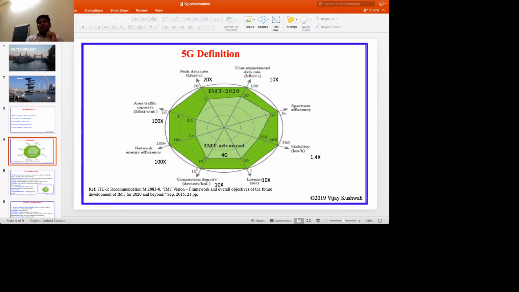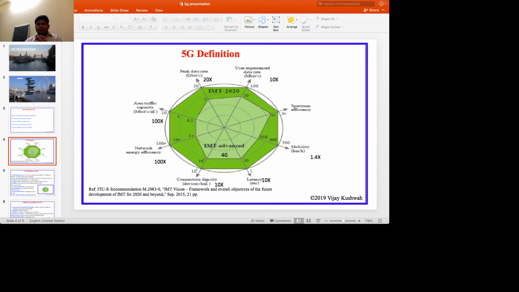Now next is the user experienced data rate. Even though the channel is 20 gigabits per second, you don't get the 20 gigabits, because there is so much signaling overhead and so on.